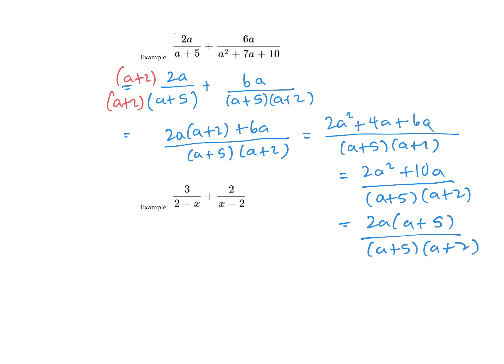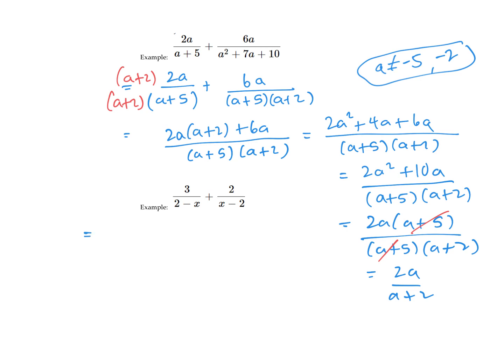So like I said, make sure that you check for that. Sometimes you can simplify at the end. And the restriction is always based on the original question, so a cannot be -5 or -2. It's not based on the final answer, it's based on the original question.